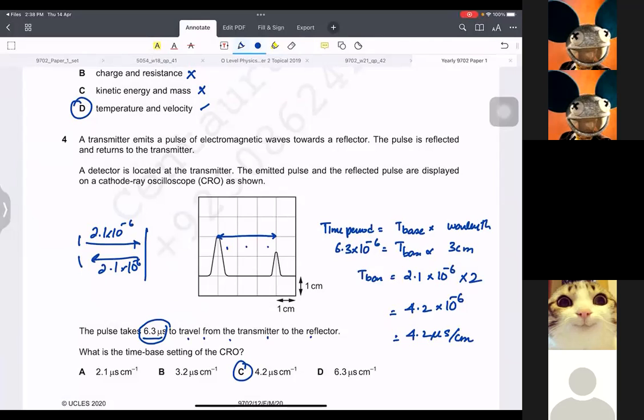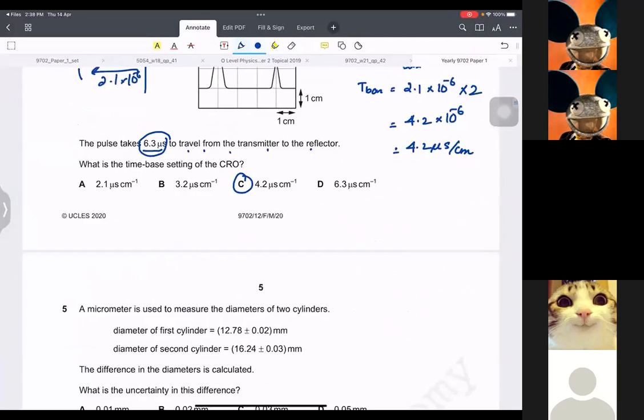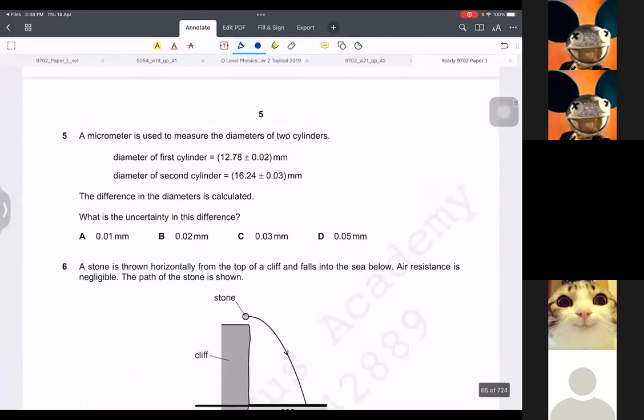Next, the micrometer is used to measure the diameter of two cylinders. The difference in diameter is calculated. What is the uncertainty in the difference? So, right, we want to take the difference in diameter.